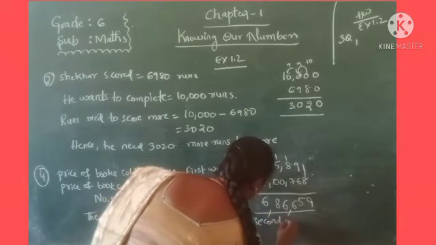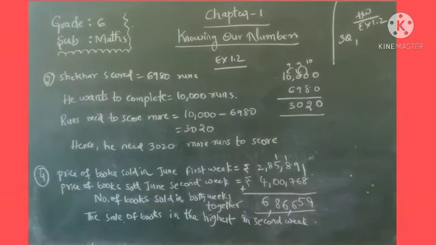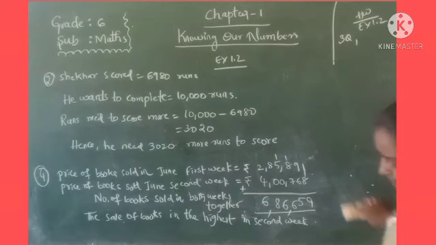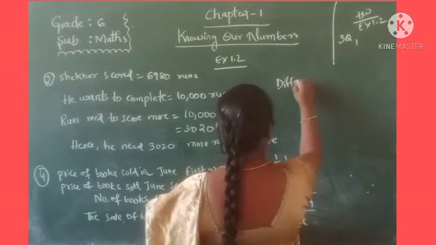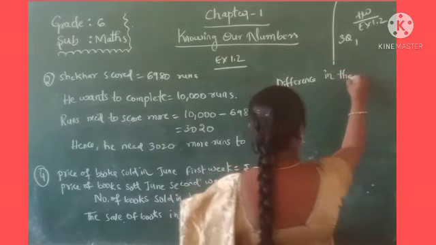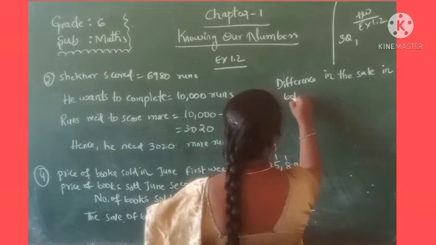In the second week. Then by how much means we have to do the subtraction. How much means do the subtraction? So that is the difference in sale in both weeks.